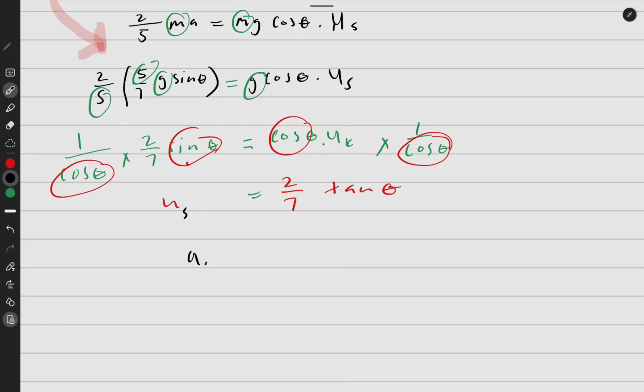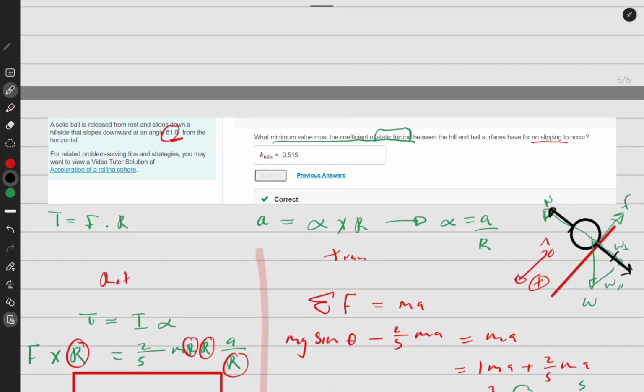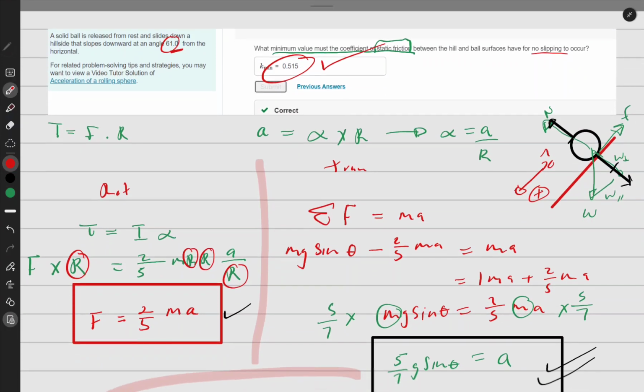This is mu s, so it's static, it's not moving, right? So it's going to be 0.155442158, depending on the significant figures they wanted you to present your answer. So whatever answer that we had here at the bottom, it is indeed correct.